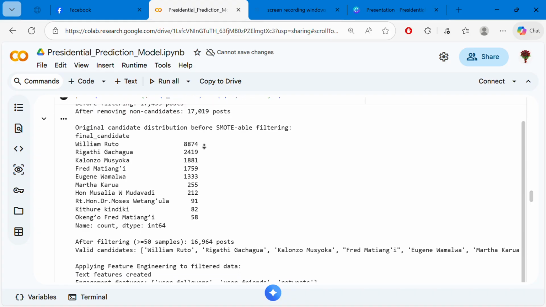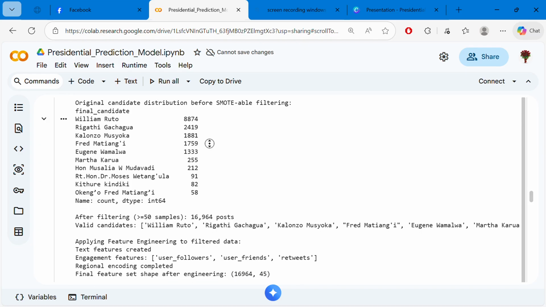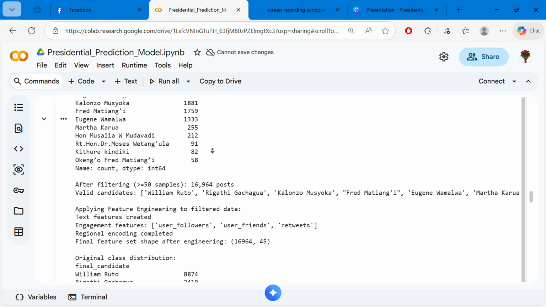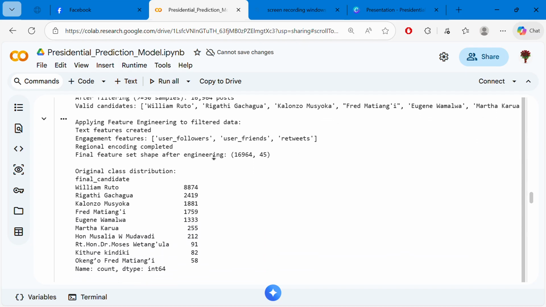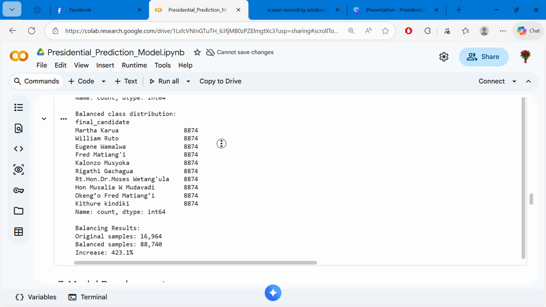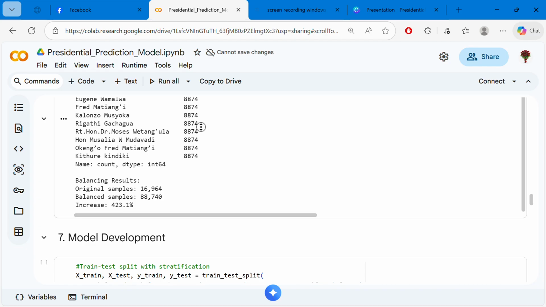The original sample was this: William Ruto had 8,874, Rigathi 2,419, Kalonzo 1,881, and Kithure Kindiki, all those were in the original data set. Class distribution: after balancing, we got an average of 8,874, an increase of 423%.